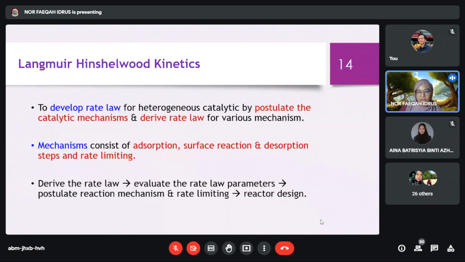So in the industry, in order to design the reactor, they don't run many runs of reaction to get all the values and then do the calculation. No, they run the simulation process. So based on batch runs of experiment, let's say they run only 2 or 3 runs of batch experiment for a certain reaction, or for a catalytic reaction, they run 1 or 2 runs of reaction or experiment.